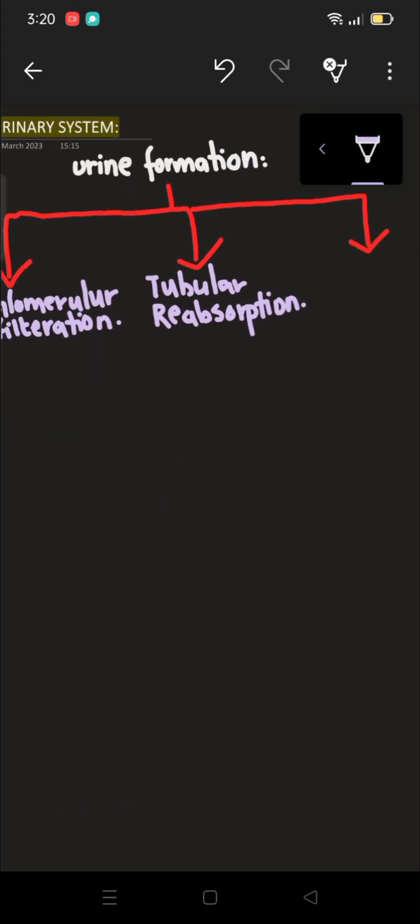The last step which will be followed to make urine is tubular secretion, because the things which we don't need in the paratubular capillaries will be secreted out in the nephron so that it can pass out from the body. So secretion, tubular secretion.